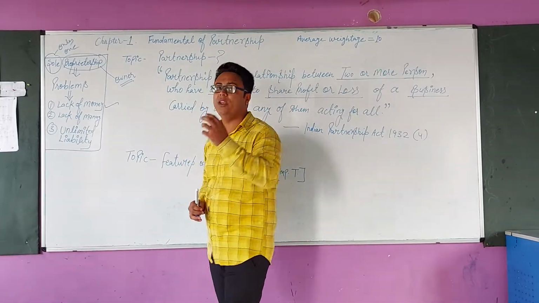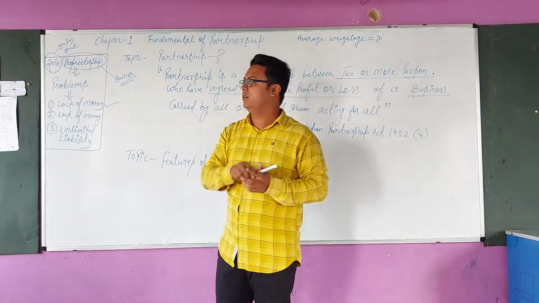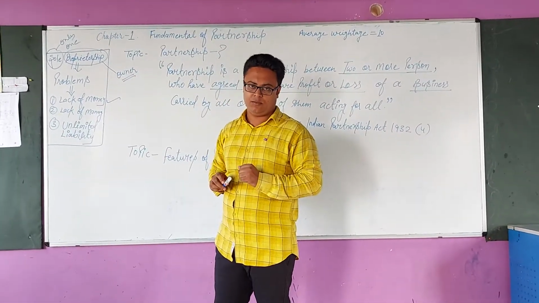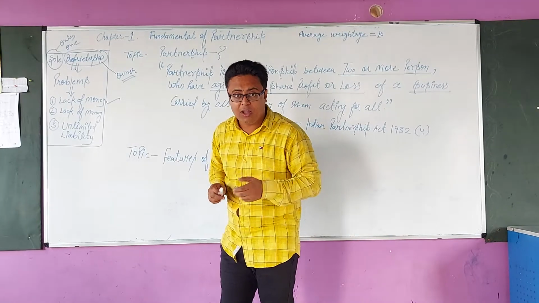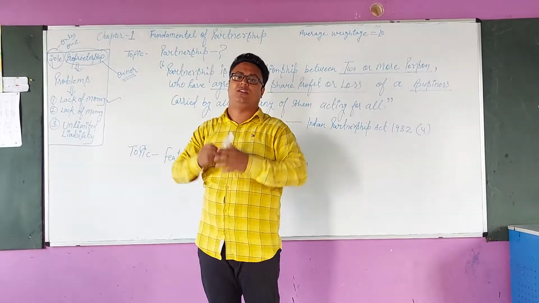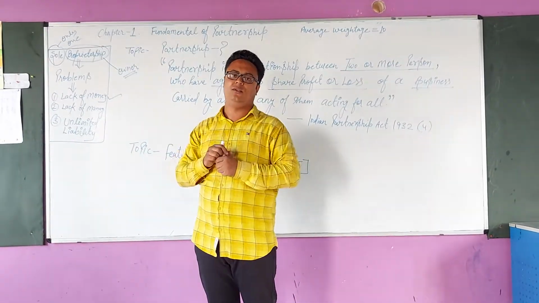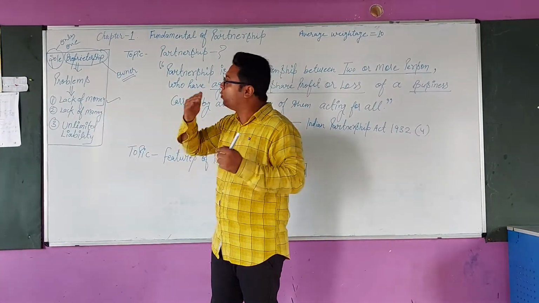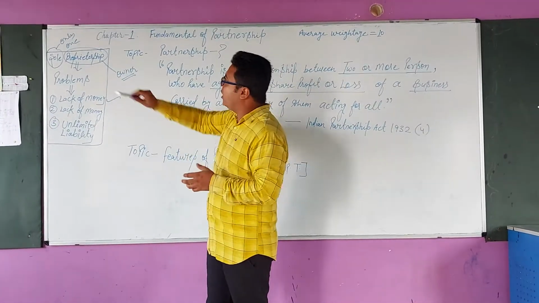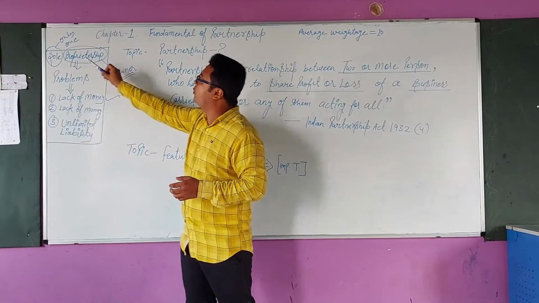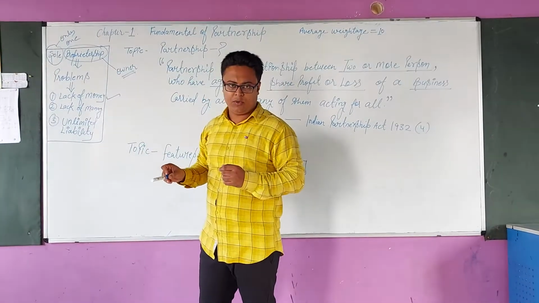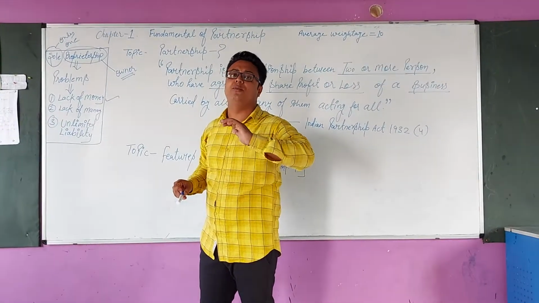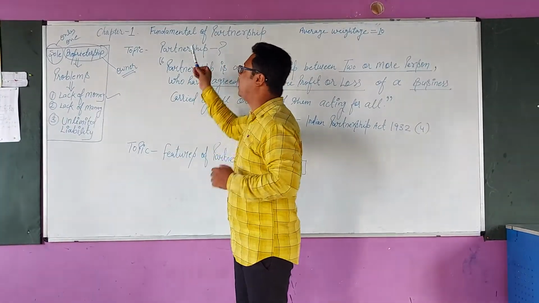And when human beings solved these three problems, you know what happened? A new form of business organization originated. When businessmen tried to solve the basic problems of sole proprietorship, one new form of business organization originated, that was partnership.